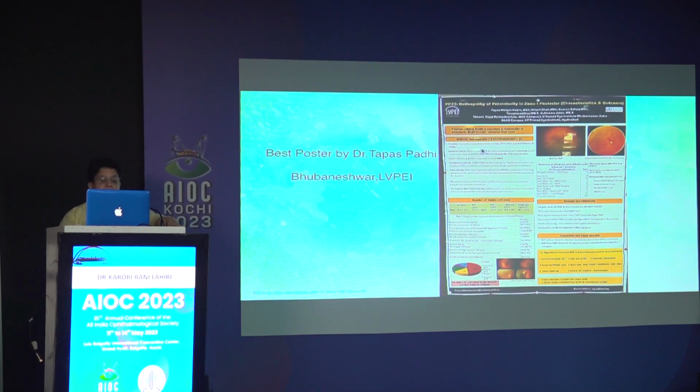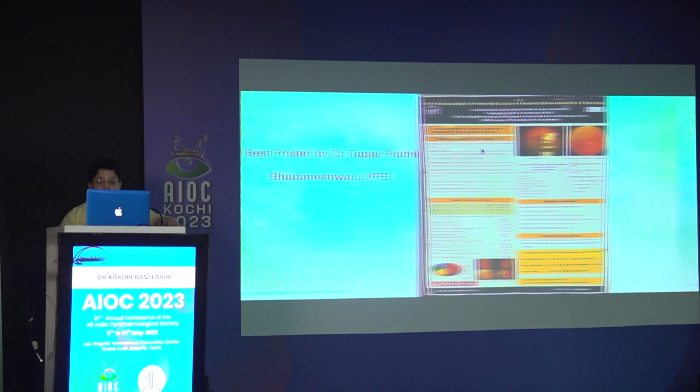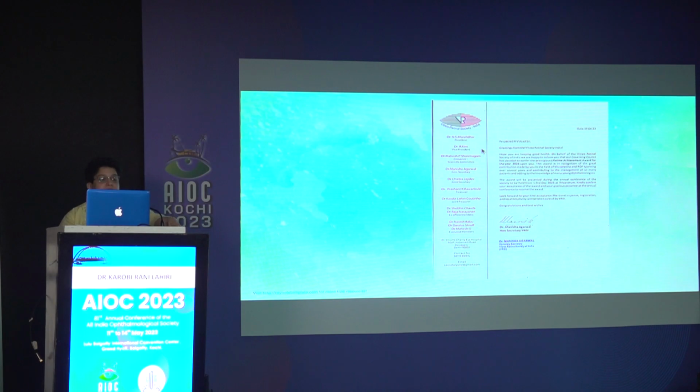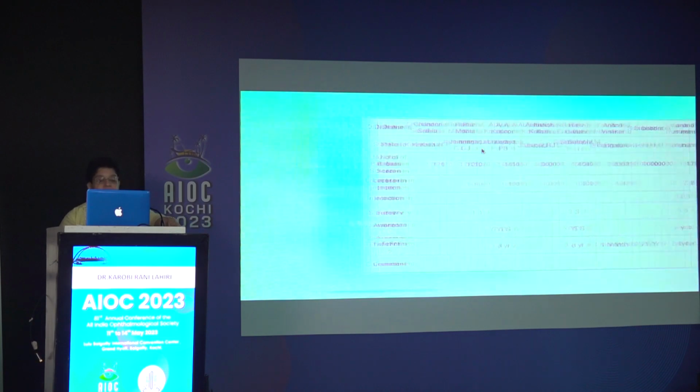And the best poster by Dr. Tapas Padhi was at Nagpur. And the most important thing is Dr. Rajvardhan Azad has been selected now to get the Lifetime Achievement Award at the next VRSI meeting. And this is all because of his commendable work in ROP over all these years.